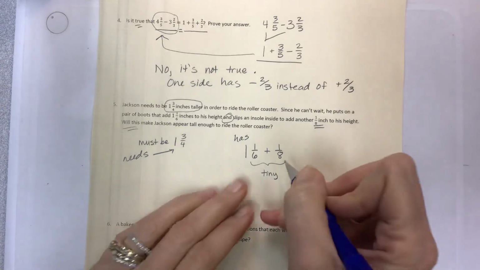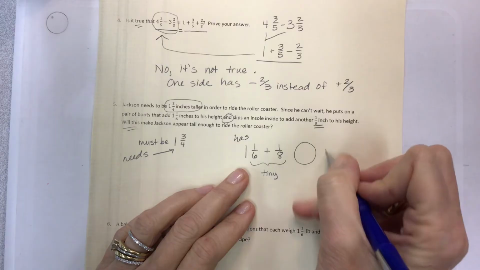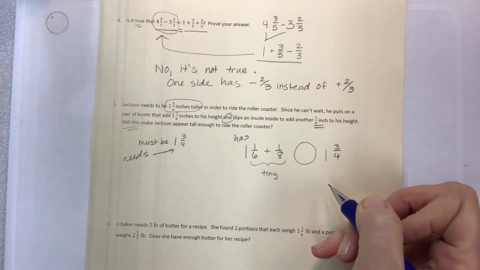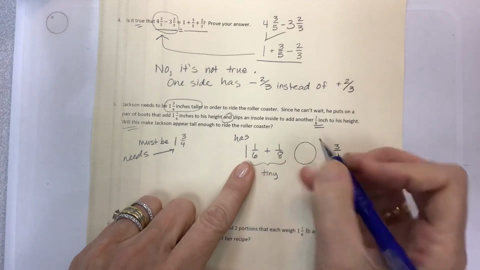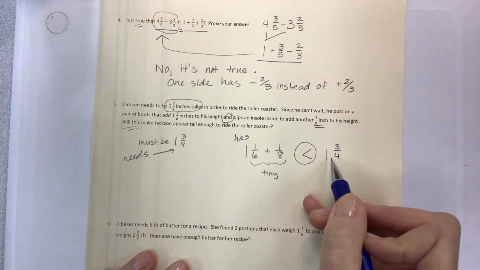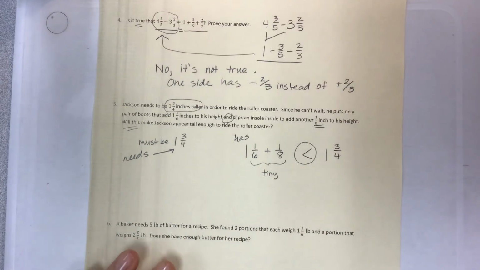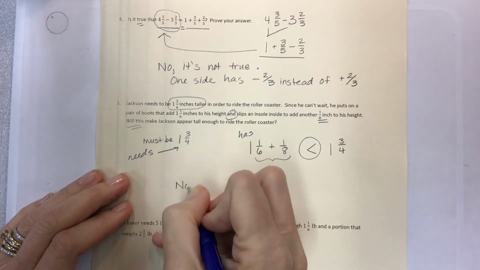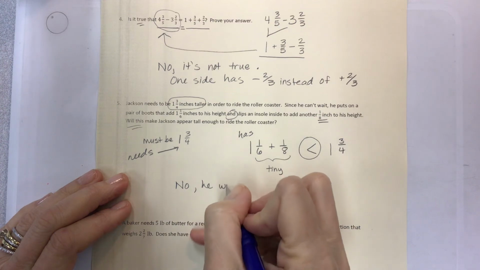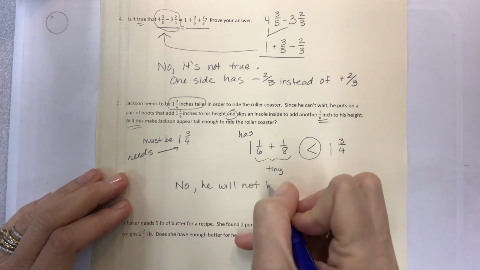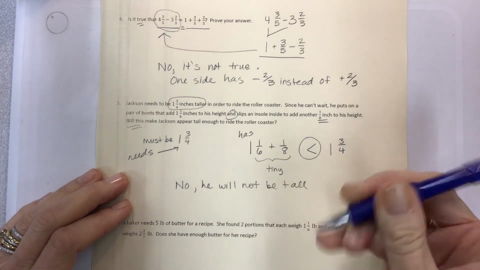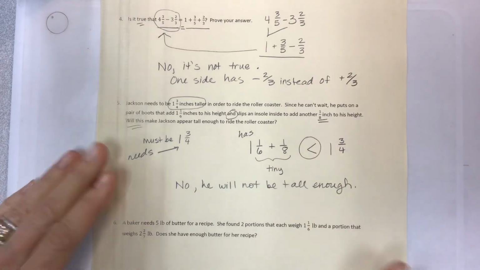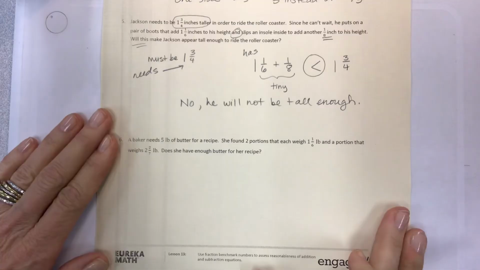And so when you look at these two amounts and you compare them to 1 3/4, which is 1 and almost all the parts, this is not very much, and it's definitely not as much as the 3/4 put together. Okay, and so no, unfortunately, he will not be tall enough. Sadly, poor Jackson. Next time.